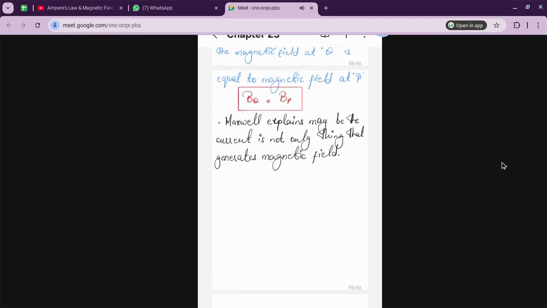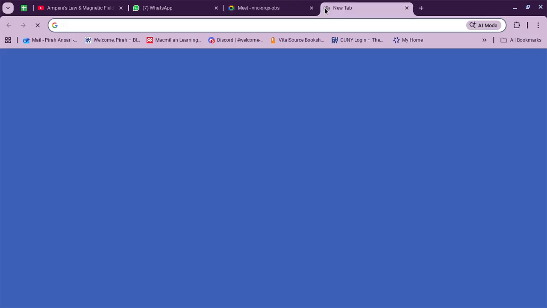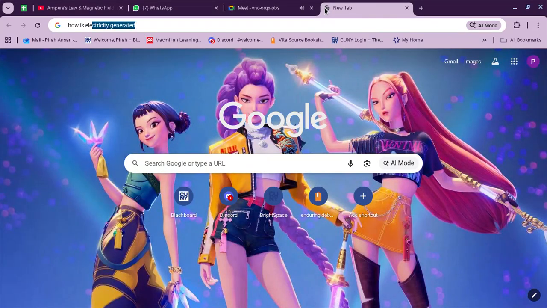Now let's recall how an electric field is generated. How is an electric field generated?